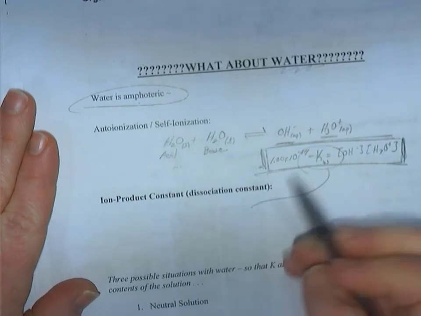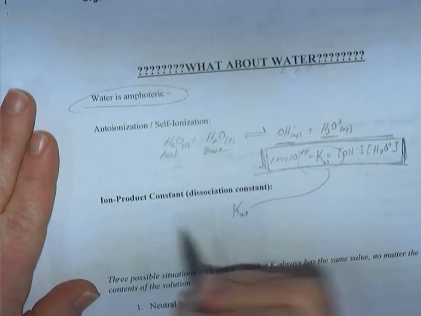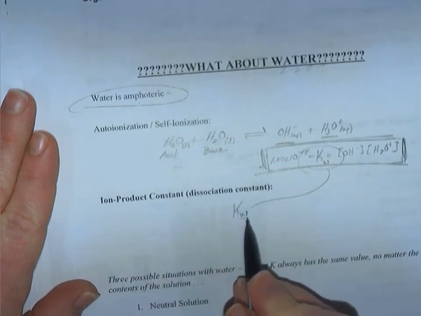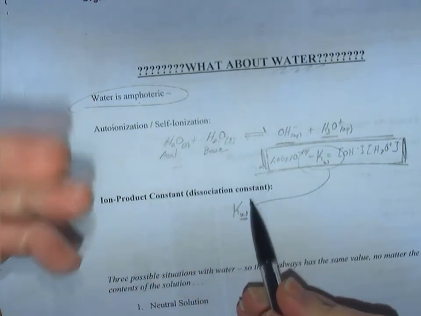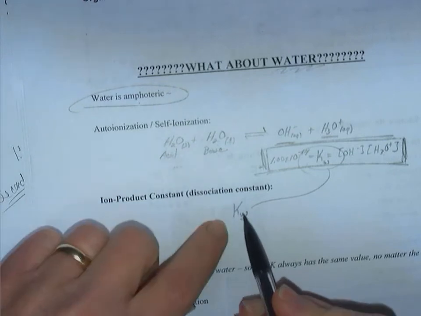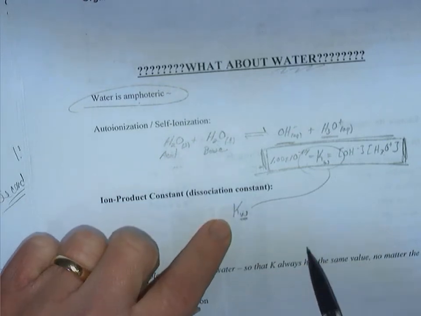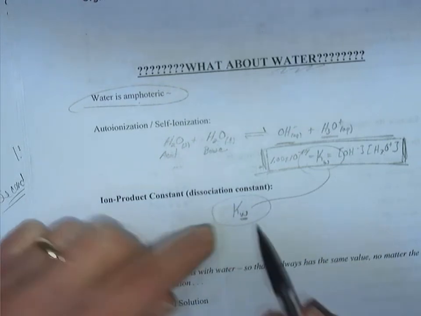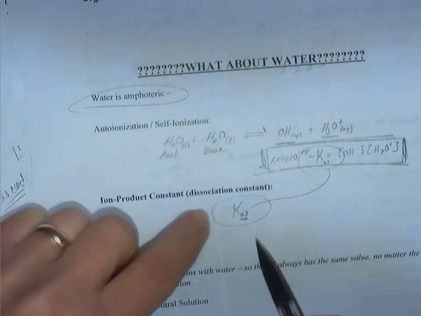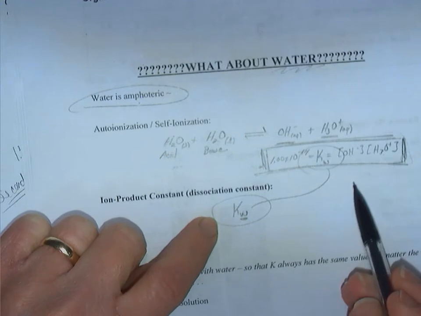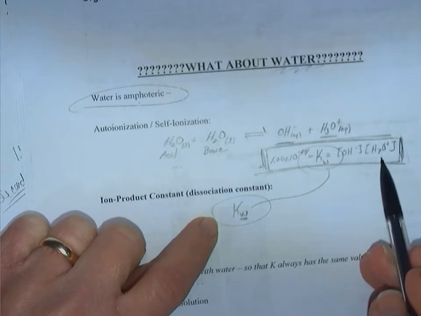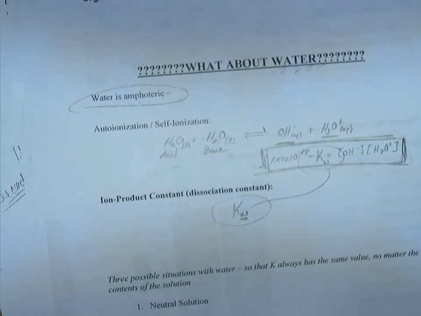So this officially is the ion product constant for water. We could call it dissociation or ionization constant, but this is describing the behavior of water. And because, again, we're going to have water in the environment of acids and bases, then we can rely on this to help us out to find concentrations of hydroxide or hydronium where otherwise we couldn't.